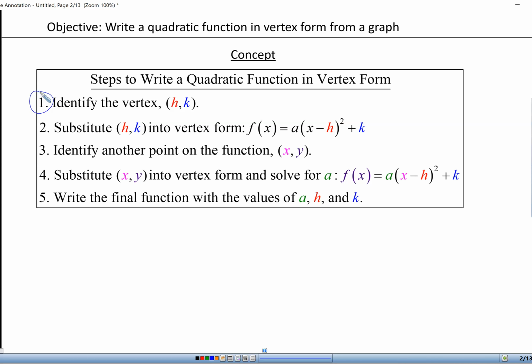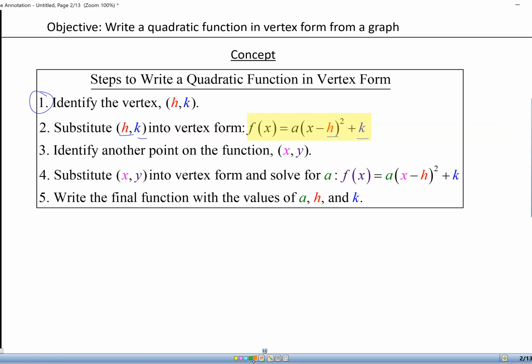So we should be able to identify the coordinates of the vertex from the graph. And then that's our h and our k, and they go in here and here for our vertex form. We do have to make sure, to do these problems, that we understand the structure of our vertex form, where our a, h, and k are, where the x is, where the squared is, where the parentheses are, all of that, so that we get the final answer correct.